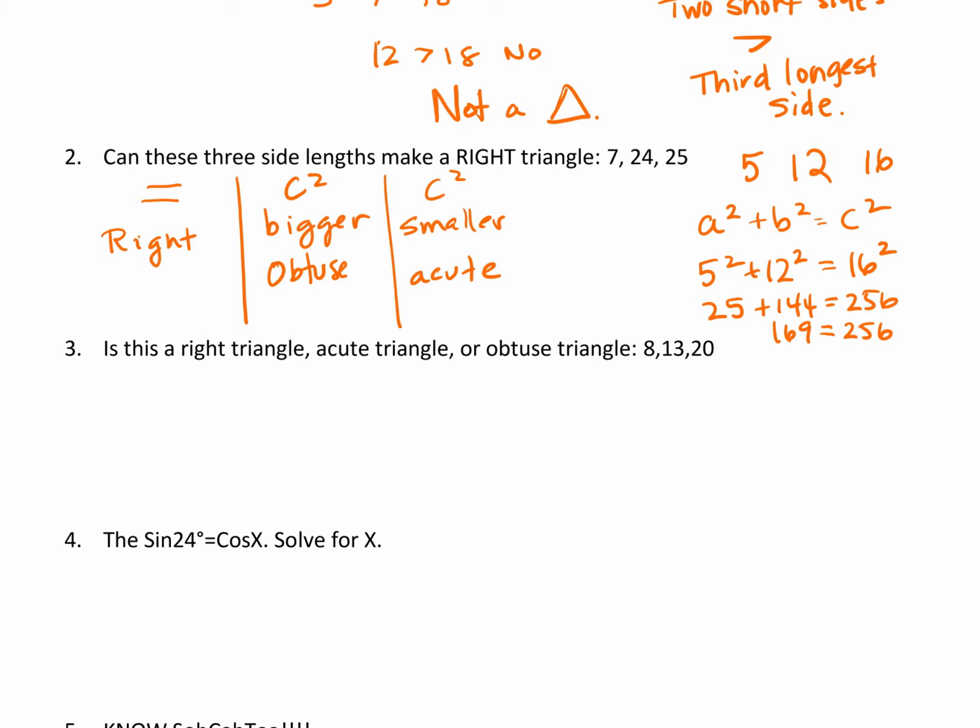In my example, I would say no, it is not a right triangle. And then the next question, well, what kind is it? Well, the hypotenuse is bigger than the legs, so it must be obtuse. Okay, so you try your two, and that's the idea there.